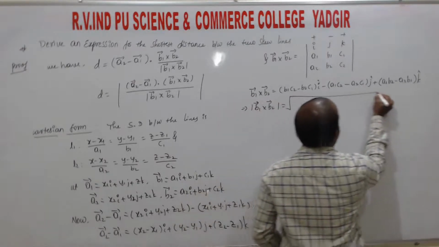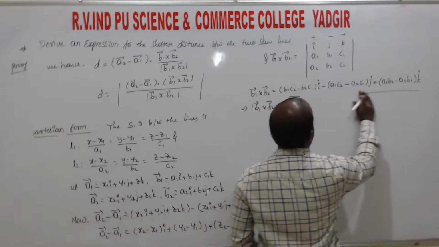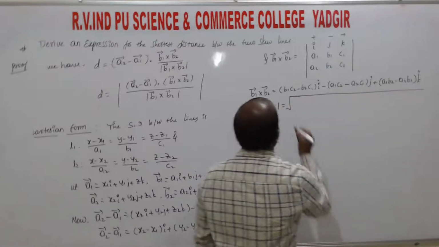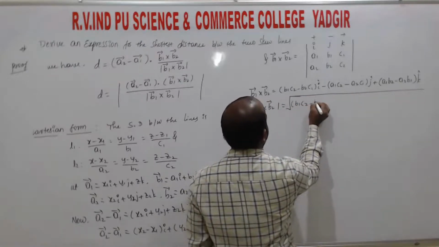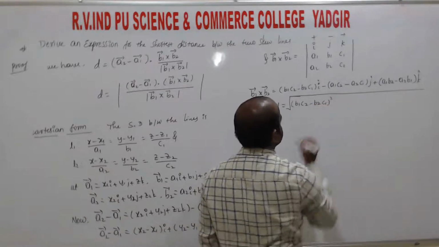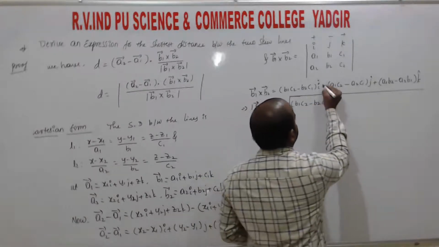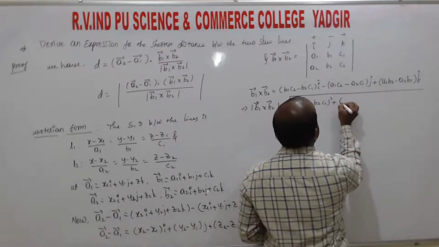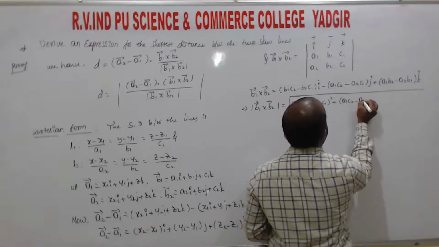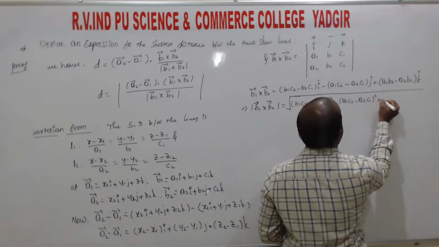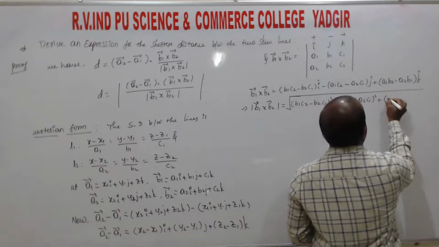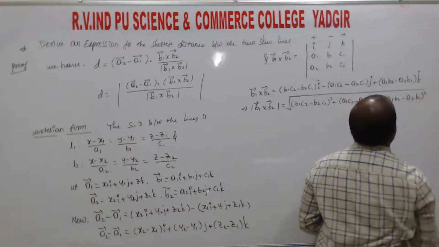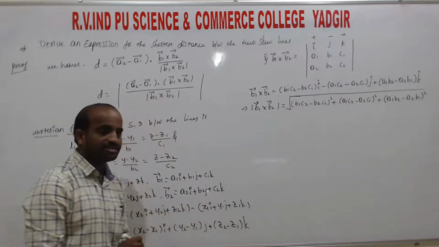That is root of (b1 c2 minus b2 c1) whole square plus (a1 c2 minus a2 c1) whole square plus (a1 b2 minus a2 b1) whole square. This is the magnitude of b1 cross b2.